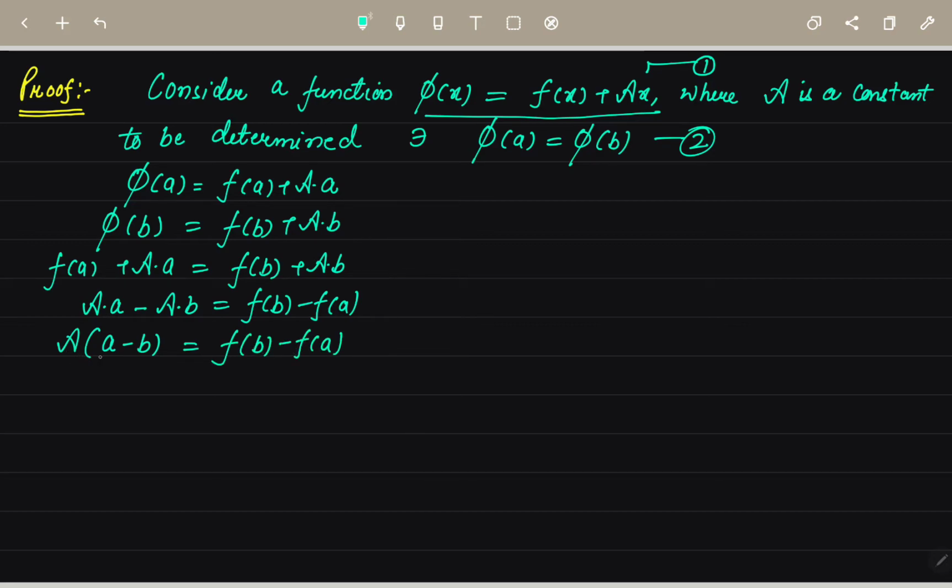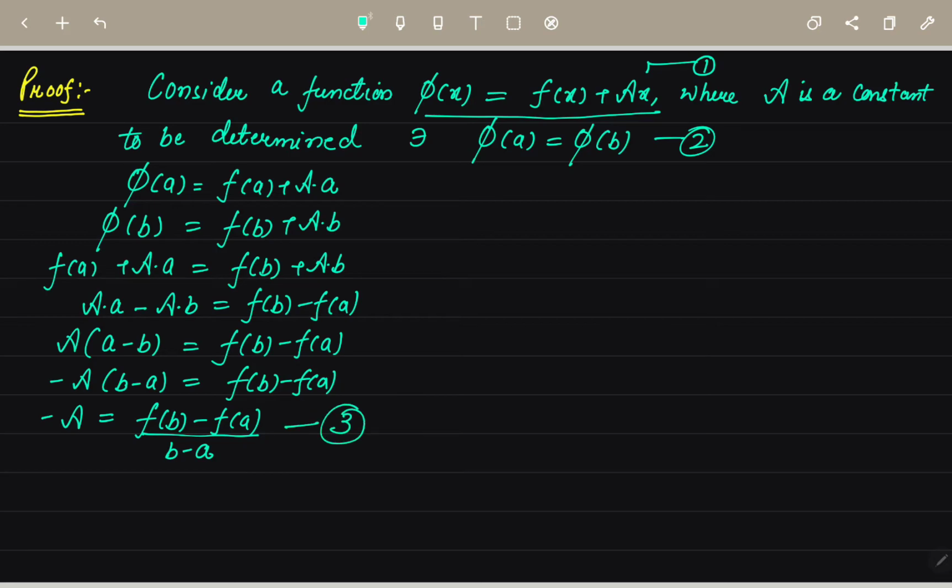Taking the negative sign from this side, minus a into (b minus a) is equal to f of b minus f of a. From here, the value of minus a is basically (f(b) minus f(a)) divided by (b minus a). Name this as equation number 3.